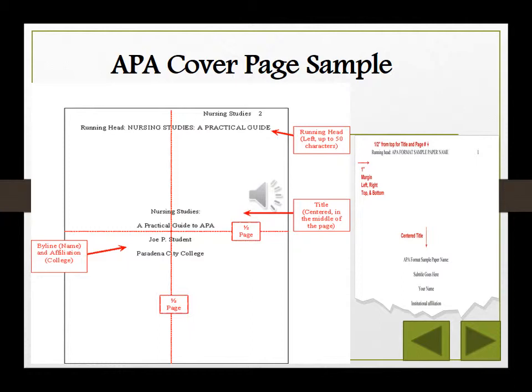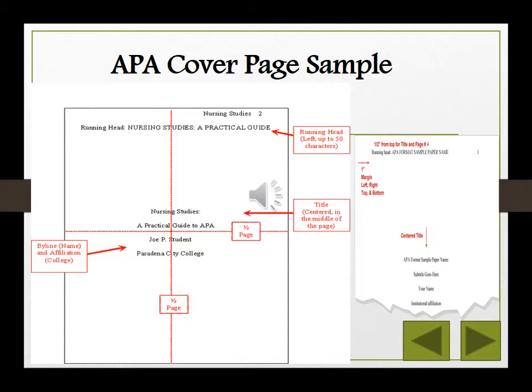And you'll notice that there is some information in a box with an arrow pointing to the running head, just letting you know that the running head should start on the left side of the paper up to 50 characters long. If you move to the halfway point of the paper, you'll then notice the name of the paper again, Nursing Studies.